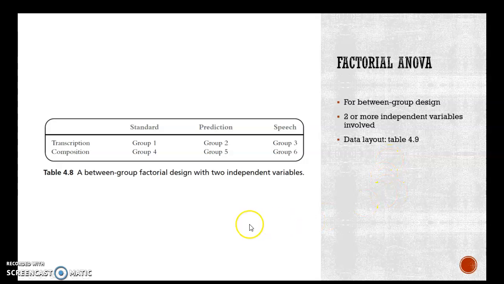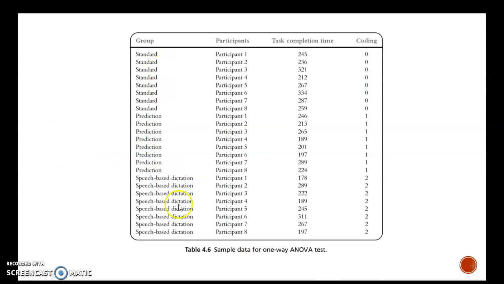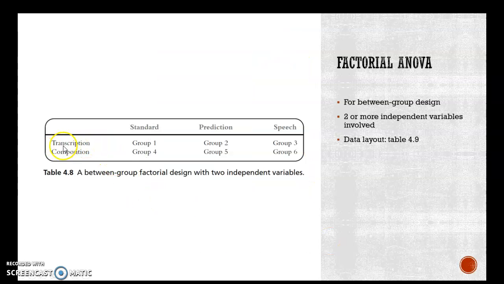And factorial ANOVA can handle even more conditions. In the last condition, they are doing exactly the same task. The second one is for different tasks, to see if there is any difference.